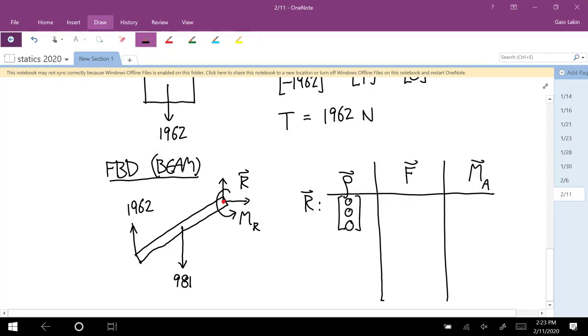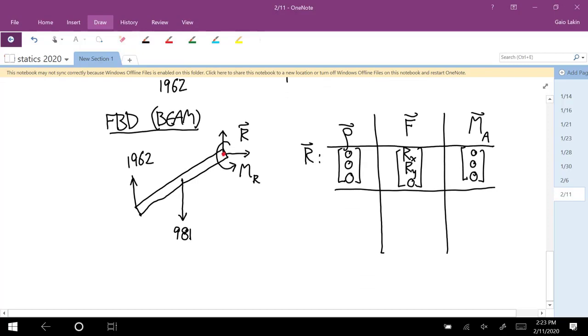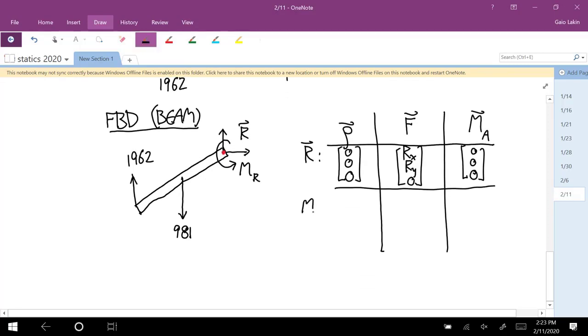For the first couple of these, I'm going to write it all down as components, and you'll see patterns with those as we go. And the R vector is Rx, Ry, 0. And cross product then is 0. Next, I'll do the couple MR. For a couple, you don't care about these.